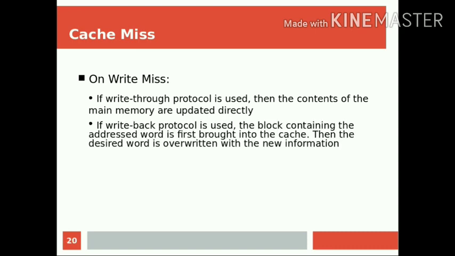If a write back protocol is used, the block containing the addressed word is first brought into the cache, and the desired word is overwritten with the new information, and the change will not be updated at this time itself. The change will be updated only when this block is evicted from the cache or replaced by another block.